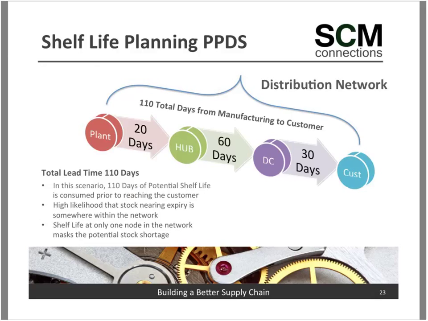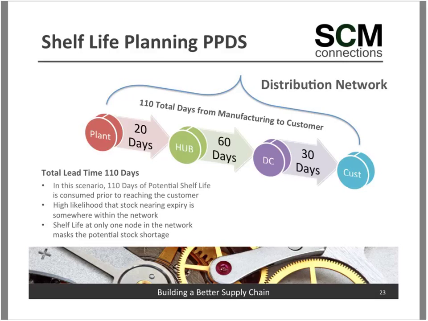And then it's going to go through assays, et cetera, and by the time it goes from the hub in the US to a distribution center in, say, Europe, it's going to go through customs, it's going to be received, it's going to have to go through a quality inspection step, and it's not available to the customer for another 30 days. So if you take all of that within the supply chain, you're looking at a lead time of 110 days.